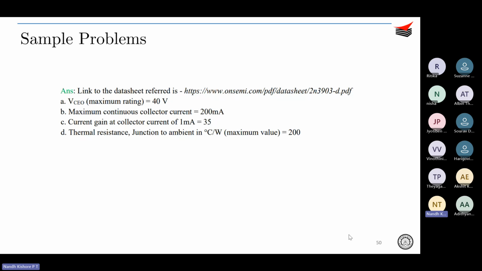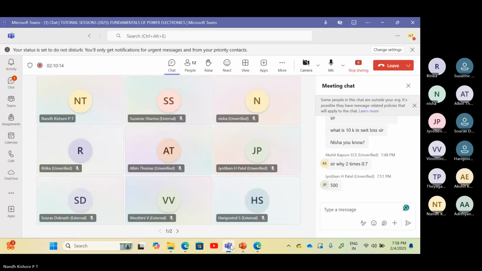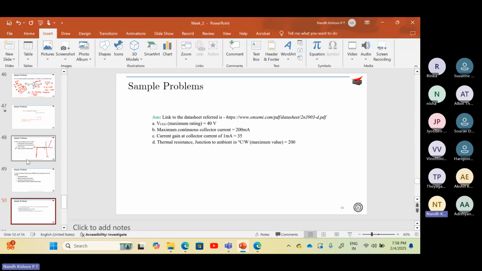It's almost time, I guess we can conclude over here. Okay, so why 2 times 0.7? I guess this was the question regarding Darlington pair.